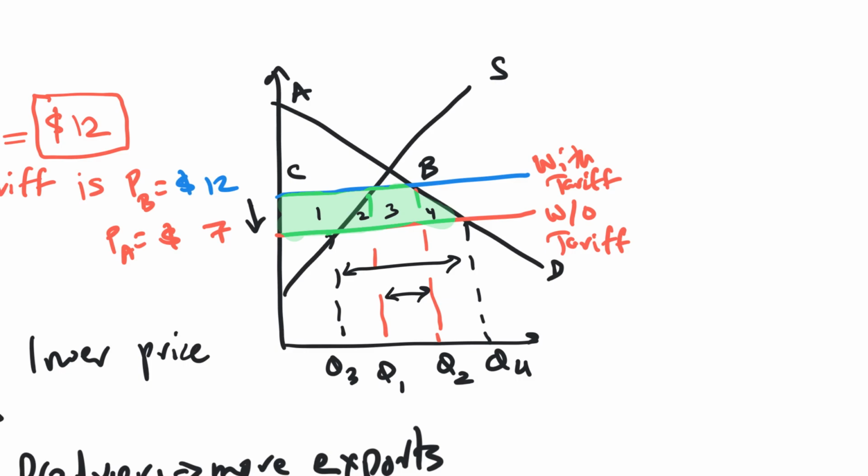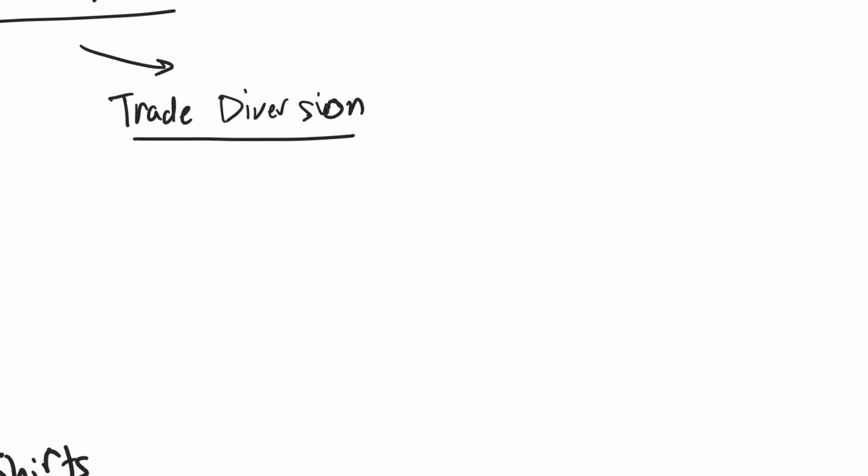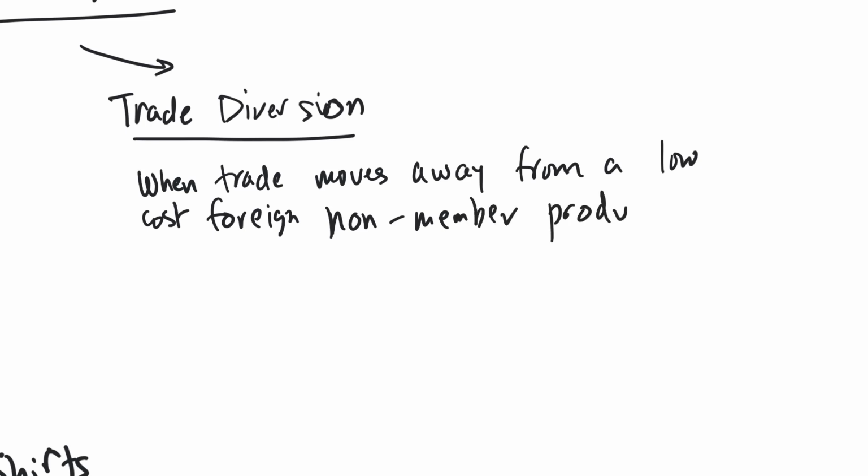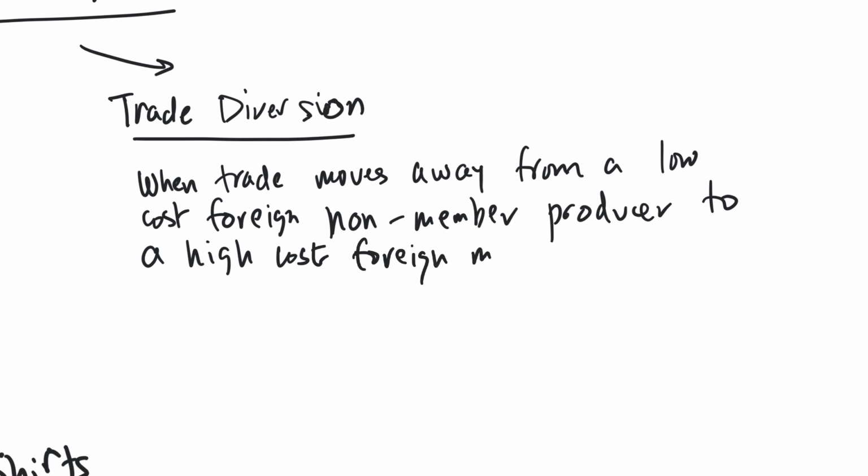Trade diversion is a little complicated. Trade diversion is basically when trade moves away from a low cost foreign non-member producer to a high cost foreign member producer.